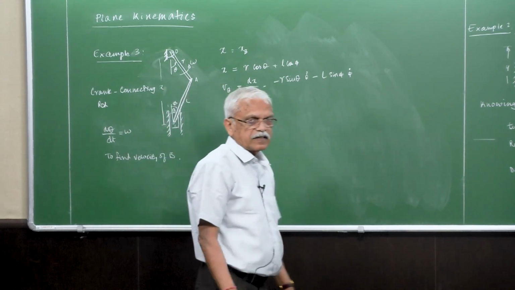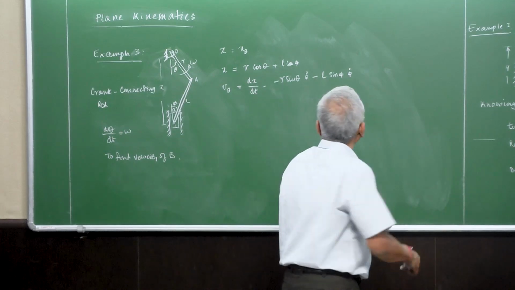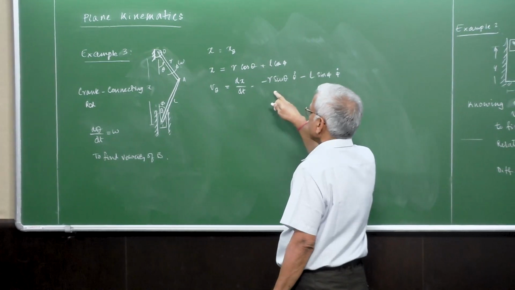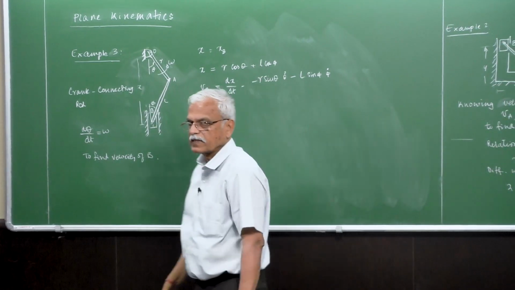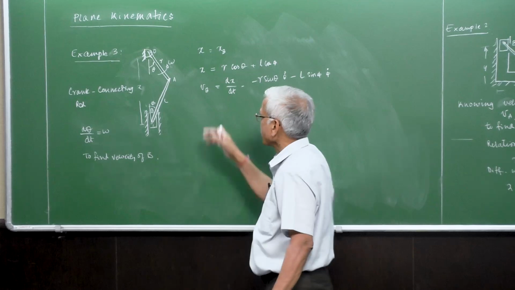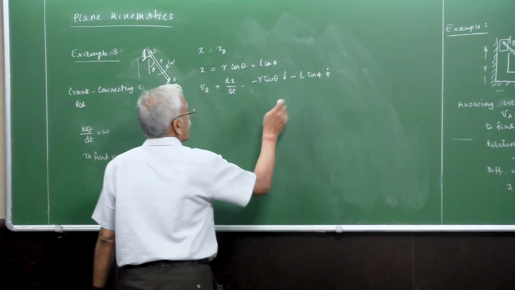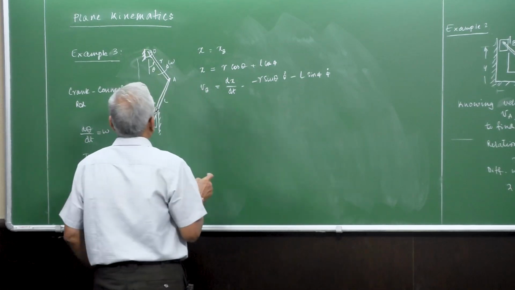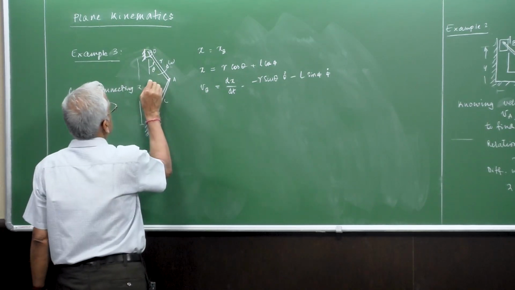So we have to relate again; we are given theta dot, which is omega, and sine theta and all that depends upon the instantaneous value of the crank position. So how do we write phi in terms of theta?